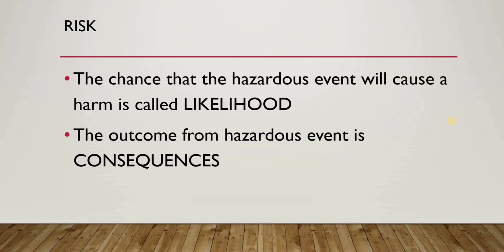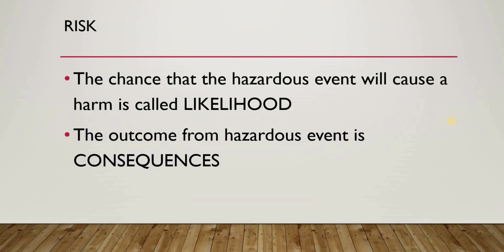Now we have to understand what risk is. The chance that the hazardous event will cause harm is called likelihood. In safety terms, what are the chances that the hazardous event will cause harm? Let's suppose a hazardous event happened and its frequency might be high or might be low.